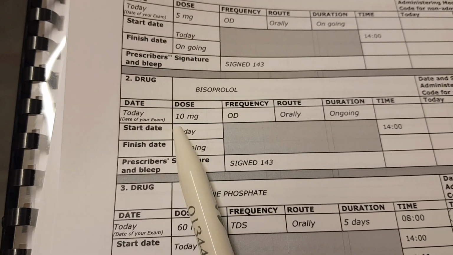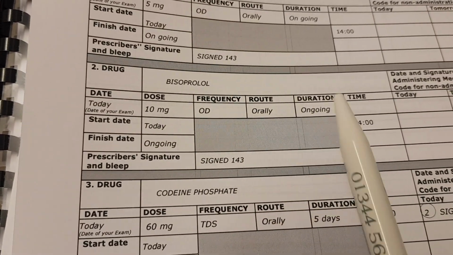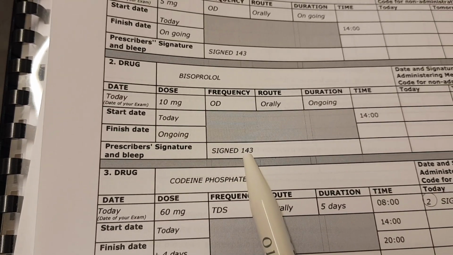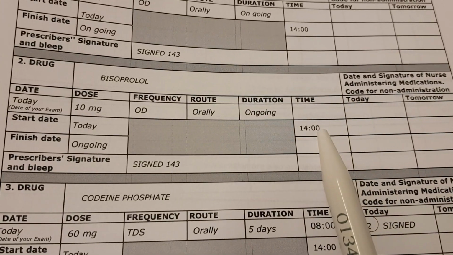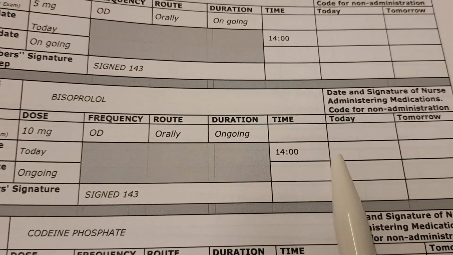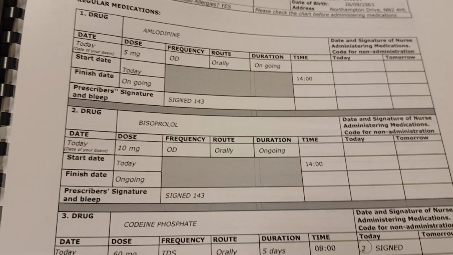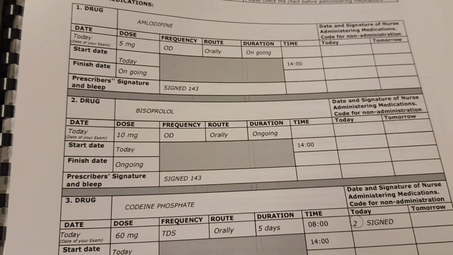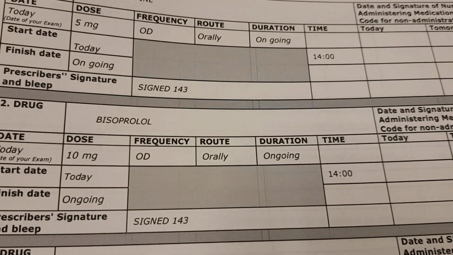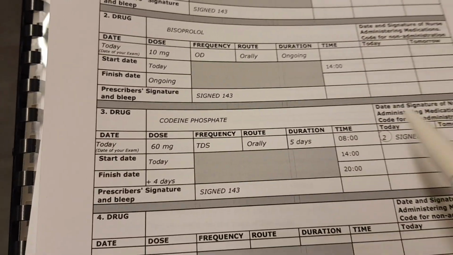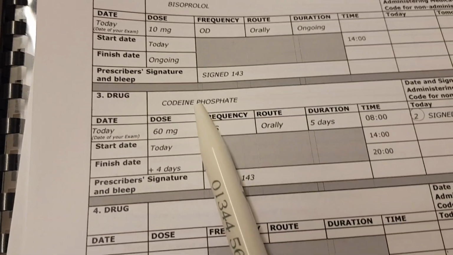We have bisoprolol 10 milligrams once a day, orally, ongoing, start date today, finish ongoing, with prescriber signature, bleep number present, due again at 1400 hours. So I'm going to dispense this. This time you're going to read the bottle again and make sure you verbalize how many you will dispense. So I have now 1 and 2 tablets. Now let's go on to the next medication.